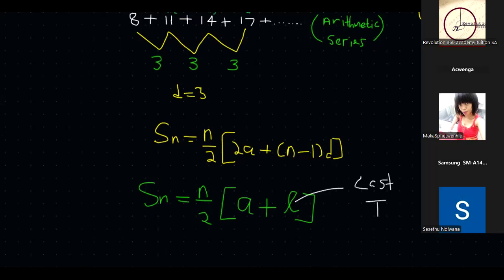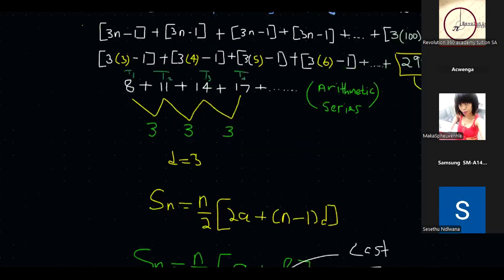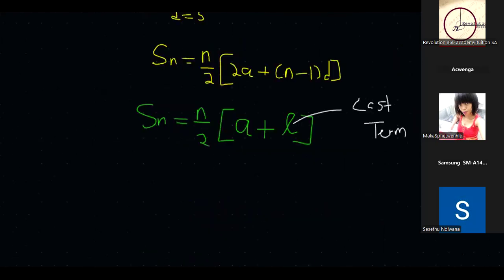And then now let's solve that. In solving that, I'm going to say Sn equals. If I can ask you, how many terms are we having? Remember that n is going to be 100, so you'll write 100 here over 2.